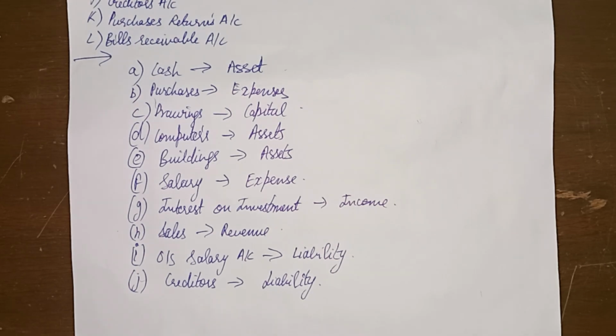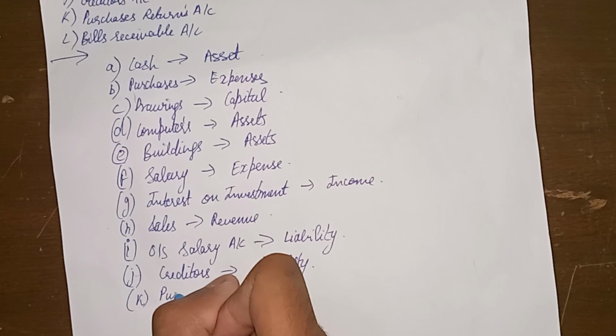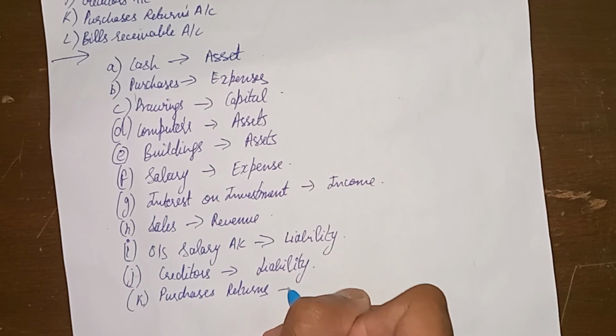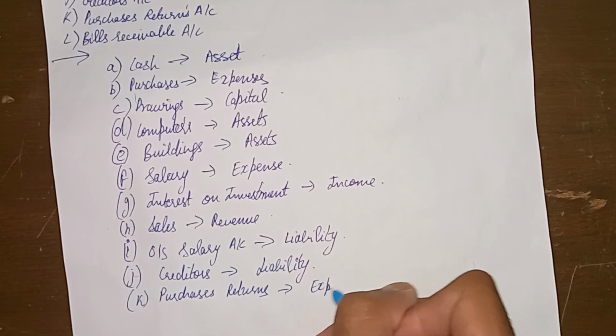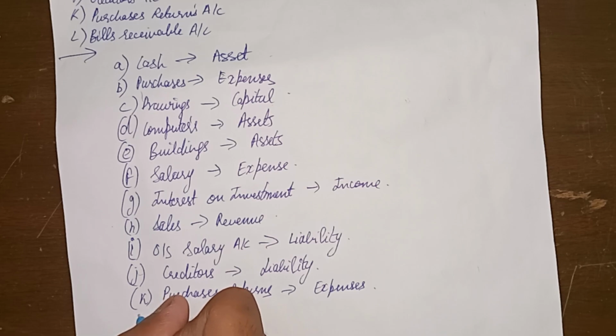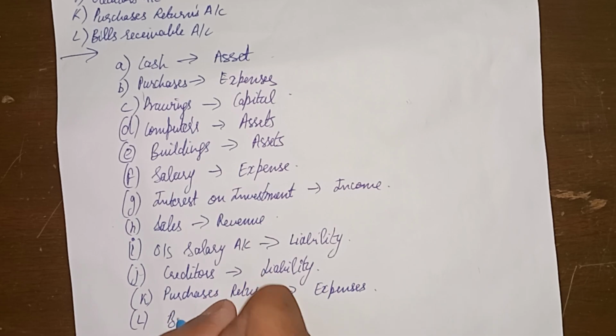Why? Because when you sell goods, it is a revenue, but when the person who bought goods from you comes back and returns the goods, it becomes a loss or an expense. Bills receivable is an asset.